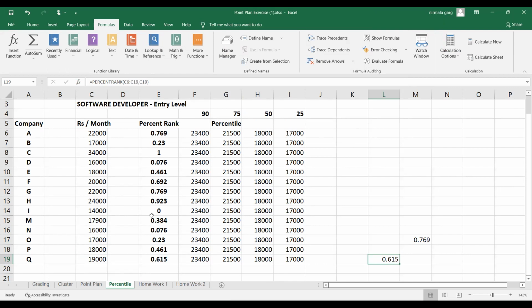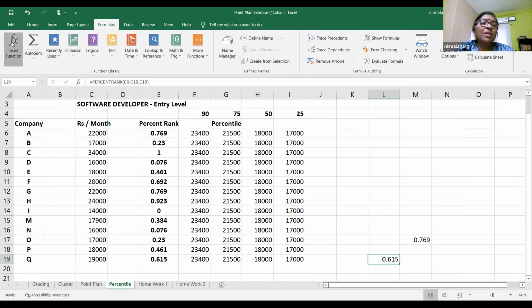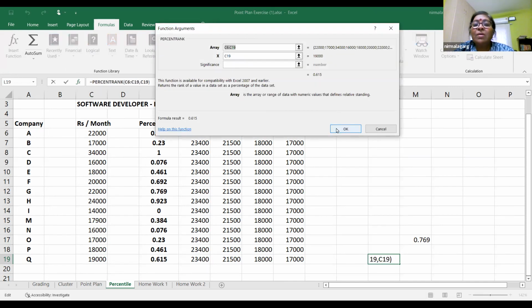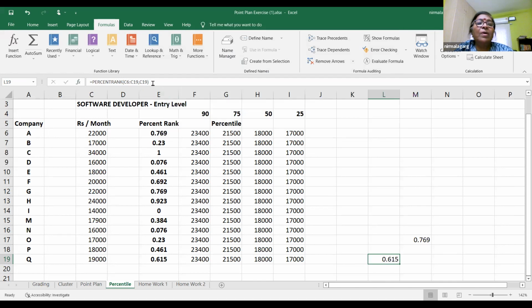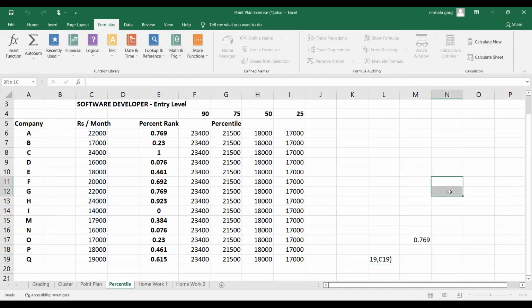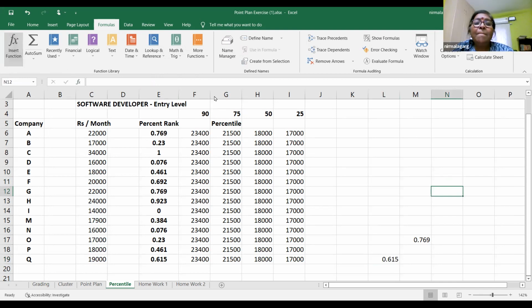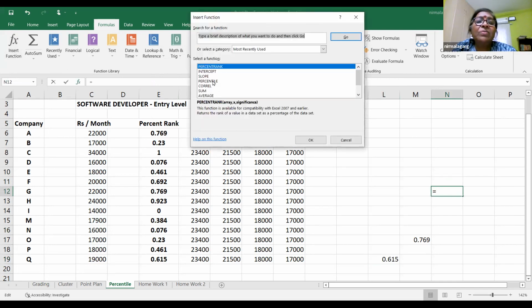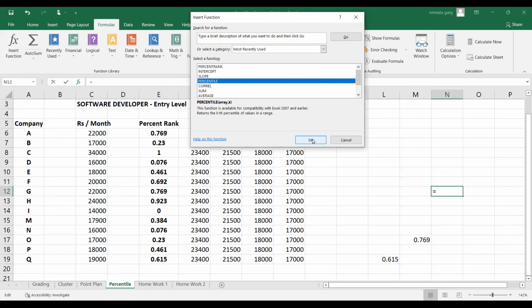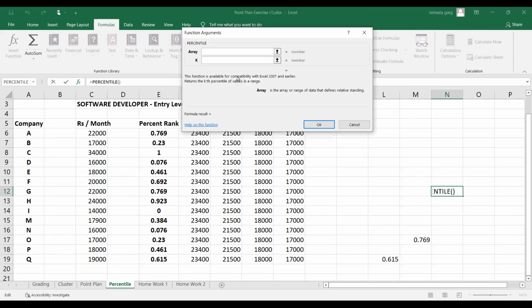Now, what you wanted to do: you are starting a company and you want to pay at the 90th percentile, right? How do you calculate the 90th percentile with this data? Insert function. So what do I do? Percentile. Now array.